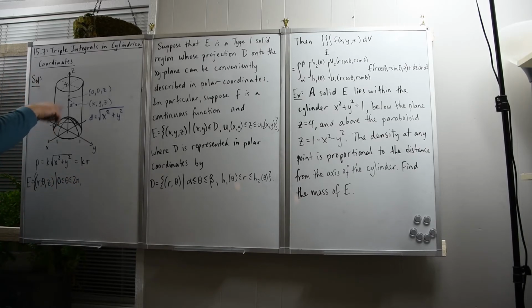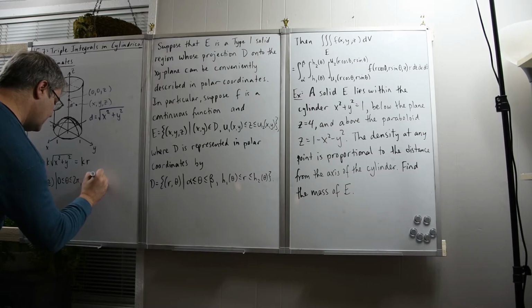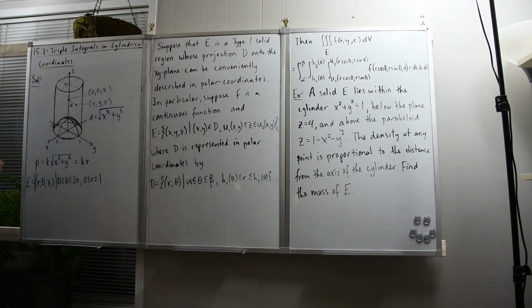If we take any point that is in the solid here, project it down onto the xy plane, then we know that that point is going to be anywhere from 0 to a maximum of 1 unit away from the origin. So we're going to have bounds on r between 0 and 1.